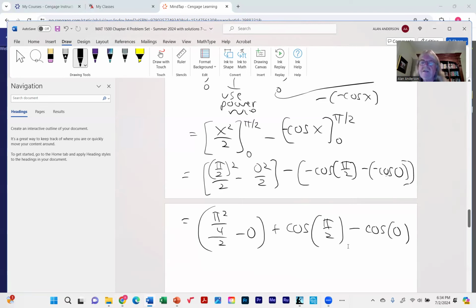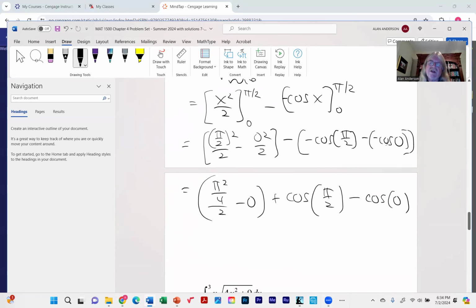Okay. Well, now, unless you have these memorized. Now, this one, by the way, can be simplified to pi squared over 8. Cosine of pi over 2, if you have your handy calculator here. By the way, if you're using your calculator, make sure you're in the radians mode when you do this calculation.